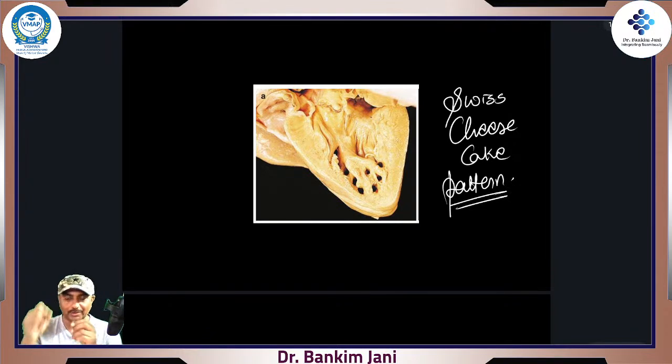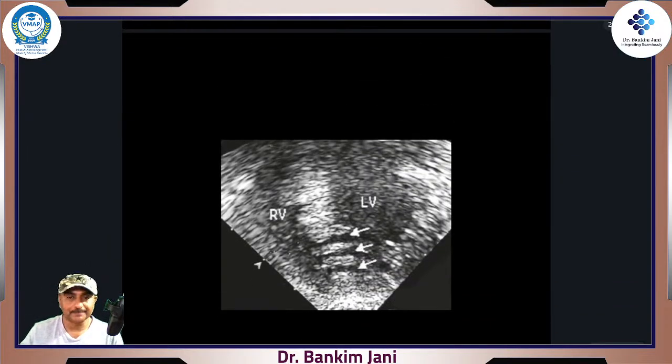Those dots, dots, dots, like paneer, in which there are dots like that. This is literally a very fine specimen showing ventricular septal defect, right?